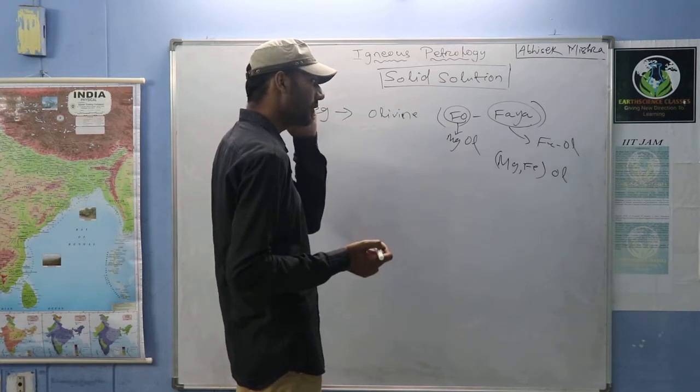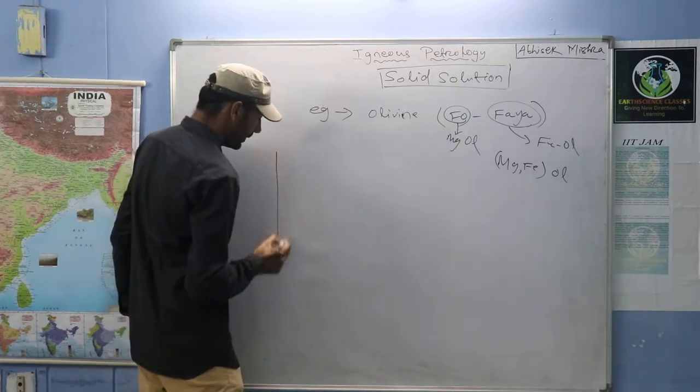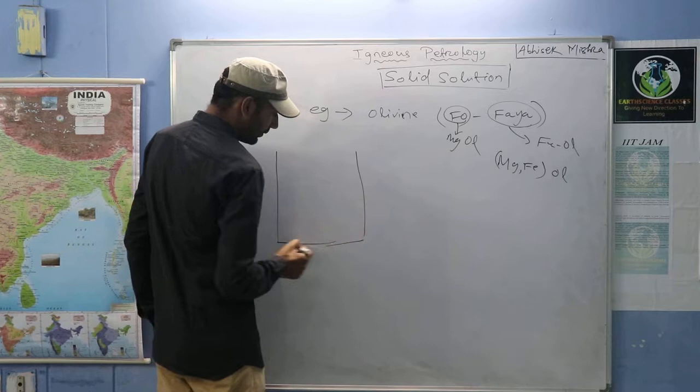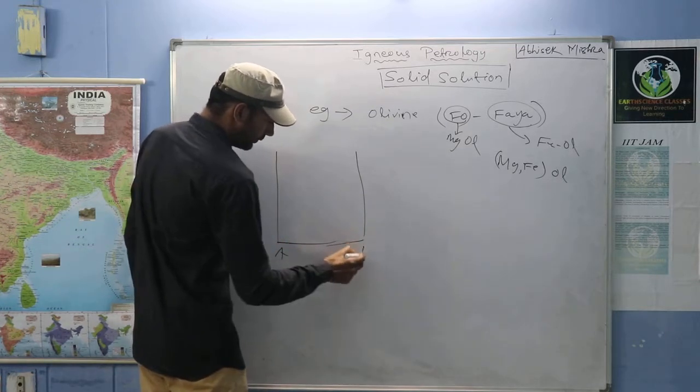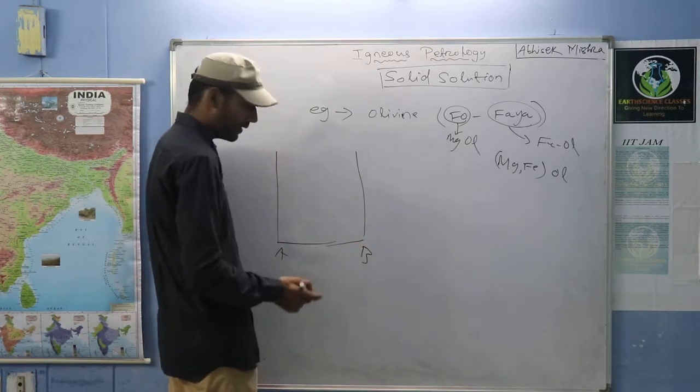Like in the previous case, the eutectic diagram, or the peritectic diagram we have also studied, there are two end members.